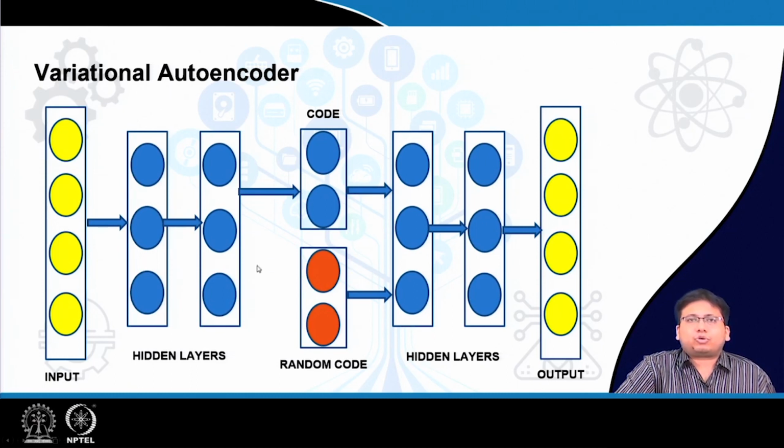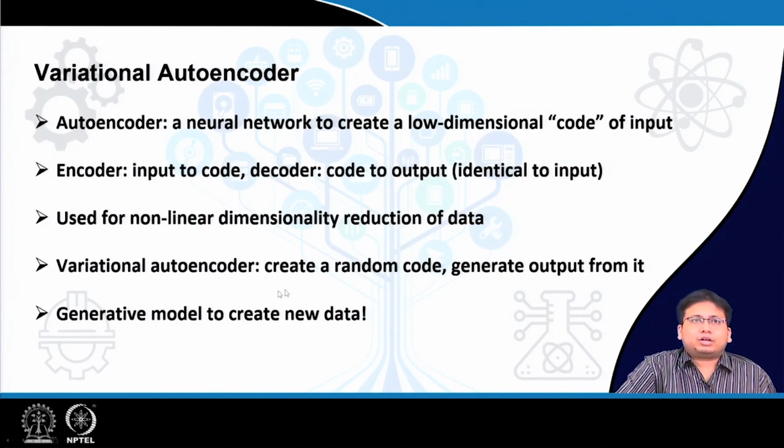Of course, encoding can be done by throwing away a lot of the information, but if we throw away all the information, then we will not be able to reconstruct it. So, in autoencoders, the coding is done in such a way that from the code you can again come back to the original thing. It is not a lossy compression; we can say it is something like a lossless compression.